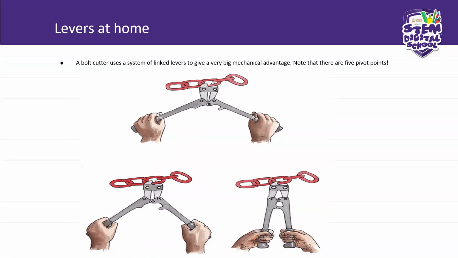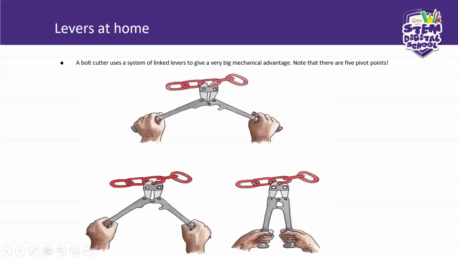Now, we have to ask ourselves, can you identify the pivots on this bolt cutter? Right? It has many pivots. Let's see. It has 5 pivots. There's a turning point here, another turning point there, another one there, another one there, another one there.